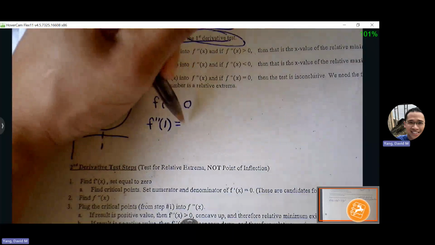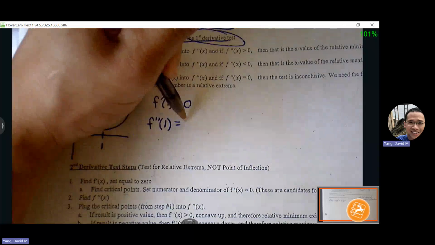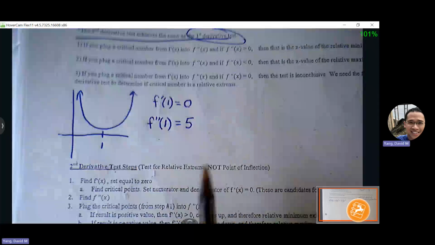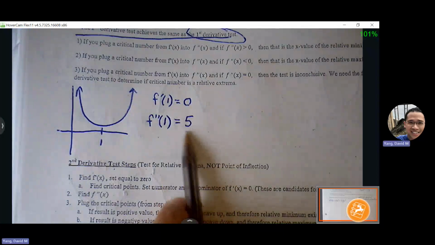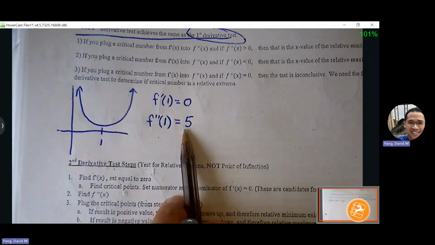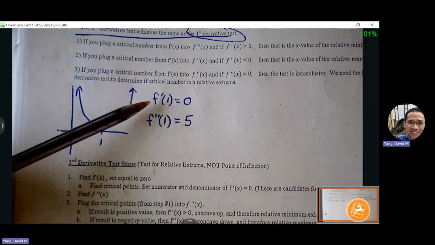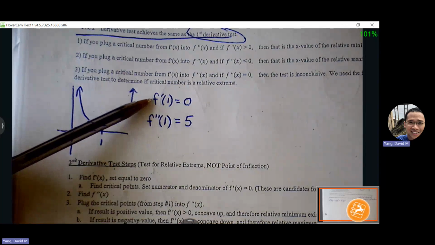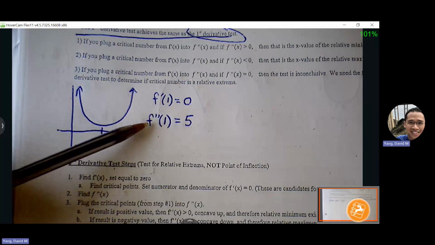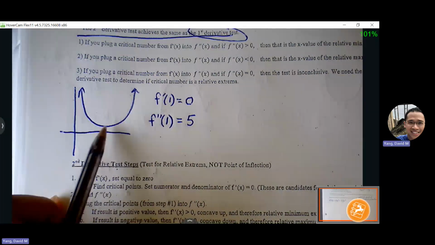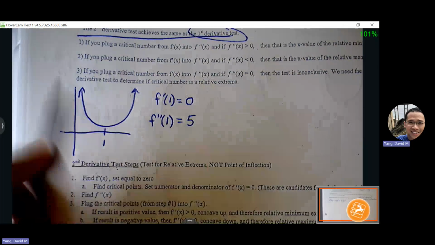So this is what the second derivative does. Let's say the second derivative is equal to, let's say, 5. That number is going to be abstract to us. We don't really care about the numeric value. We care about the fact that it's positive. So the second derivative test tells us this: if I can guarantee that the slope is 0 and the concavity is positive, then the graph has to look like this, and this point must be a what?